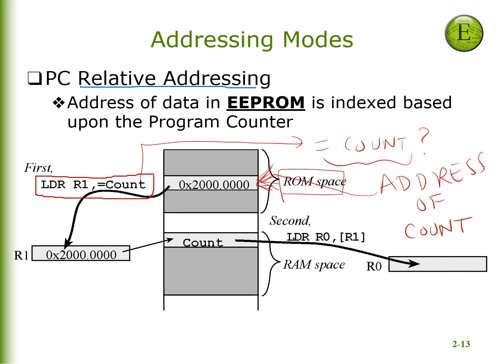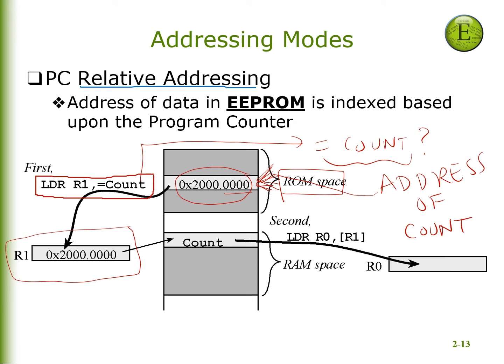In this example, let's say the address is hex 20000000. Now I'm going to store this address in the register R1, so R1 contents are now equal to hex 20000000.